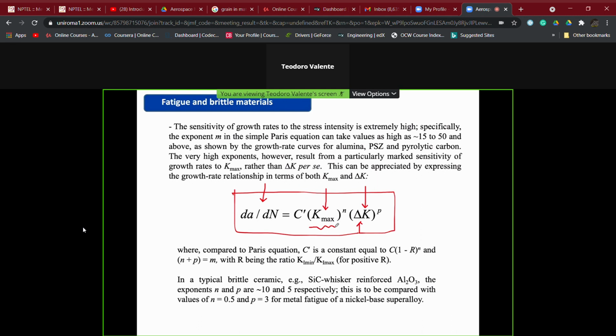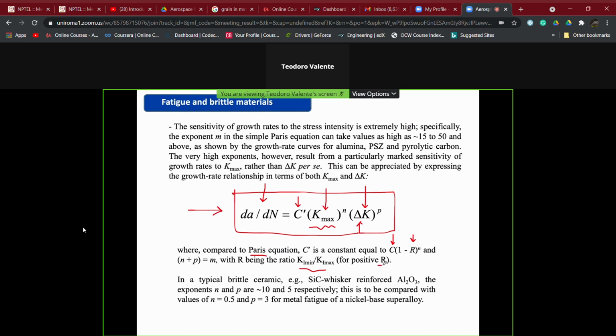said before, keep into account in an explicit way the maximum value of the stress intensity factor. If we want to compare these equations with the basic Paris equation that we have seen, we could say that this constant C1 is essentially equal to the multiplication of the Paris constant C by 1 minus R, where R, remember, is the ratio that we have already defined before between the minimum value of the stress intensity factor and the maximum value of the stress intensity factor.